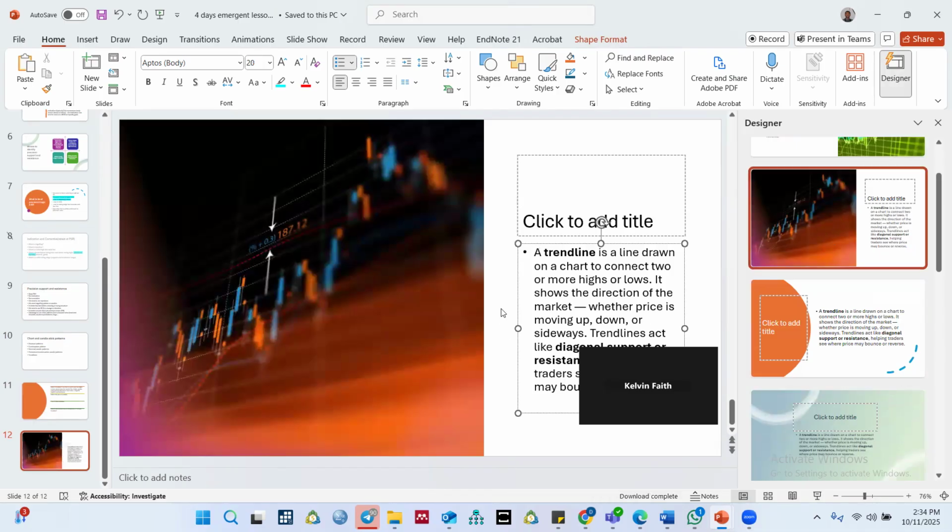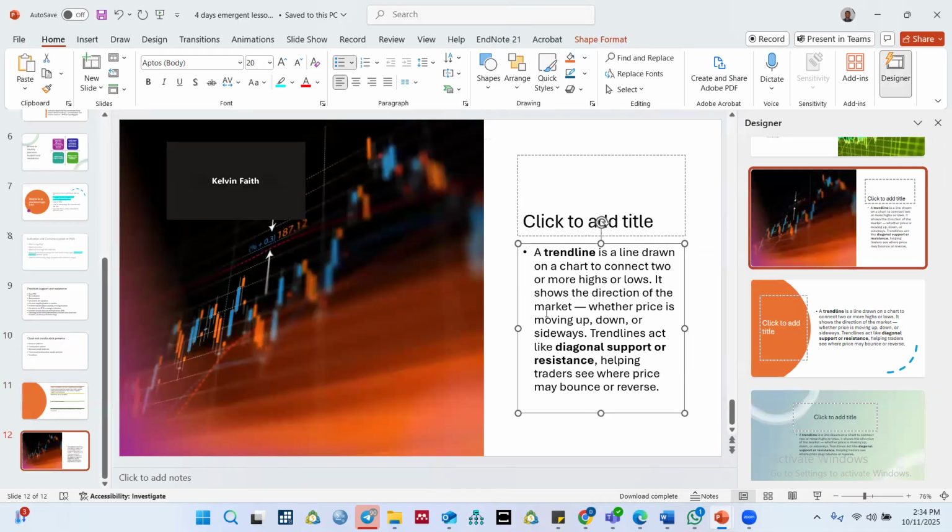So a trend line is a line drawn on a chart to connect two or more highs or lows. It shows the direction of the market, whether price is moving up, down, or sideways. Does it show whether the market is moving sideways? Maybe, yeah.